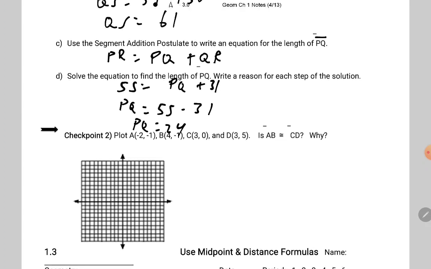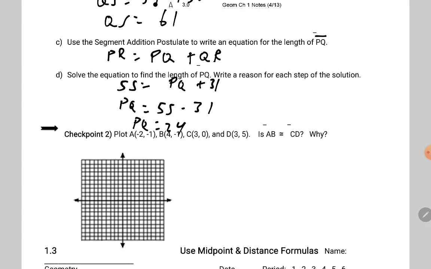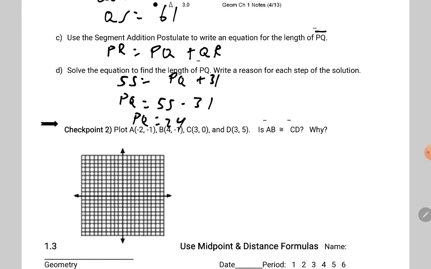Alright, checkpoint 2. So we got negative 2, negative 1, and 4, negative 1. Oh, 1, 2, 3, 4, negative 1. C is 3, 0. And D is 3, 5.